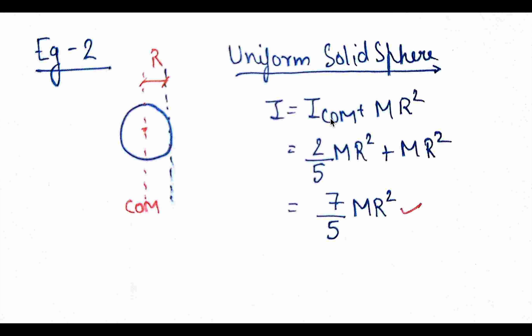You will again apply this equation, you will get I com plus m r square. This distance is r, so I have already written it as r. If you add it up, you can see the moment of inertia is 7 by 5 m r square. Note that this moment of inertia has increased, because about the center of mass it was 2 by 5 m r square, but about this axis it is 7 by 5 m r square.